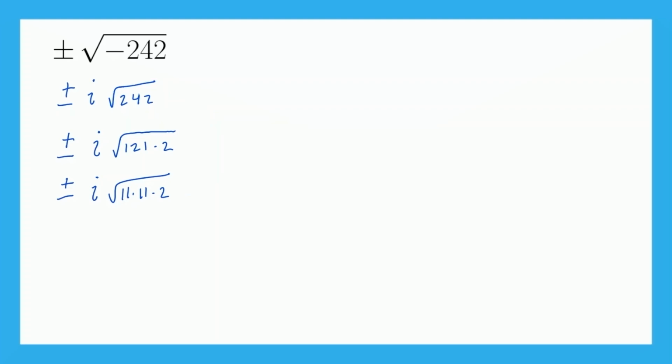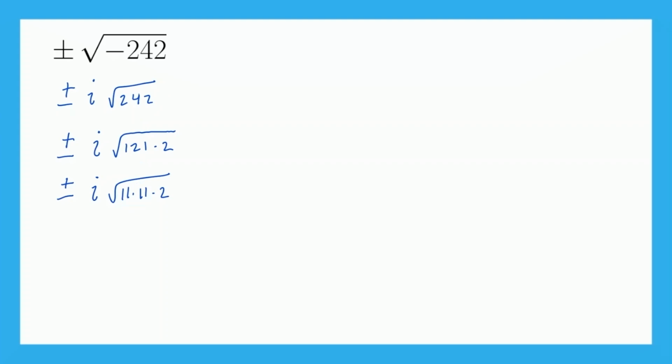So sometimes it's useful to do a prime factorization because now we see that 11 times 11 is 121, which means that 121 is a perfect square. And when we're simplifying radicals like this, we want to pull out all the perfect squares that we can, okay?